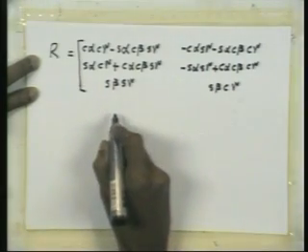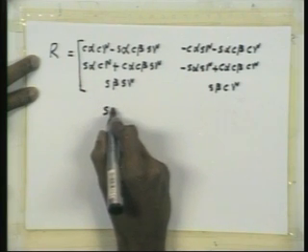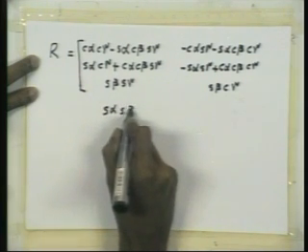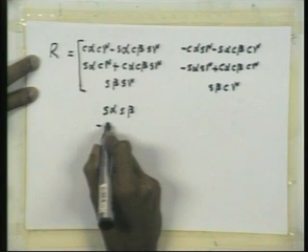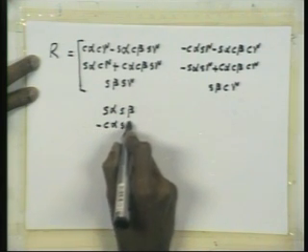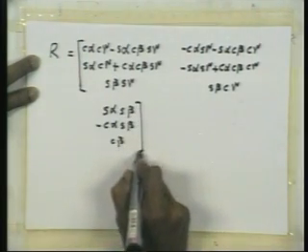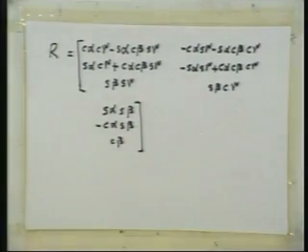The last column is as shown. So given the 313 Euler angles, alpha, beta and gamma, you can obtain the rotation matrix. These are the elements of the rotation matrix in terms of alpha, beta and gamma.